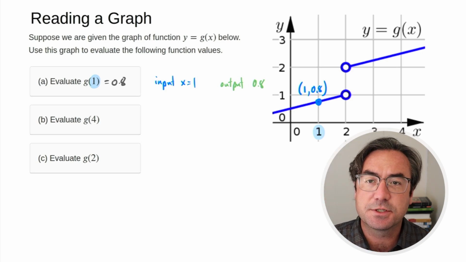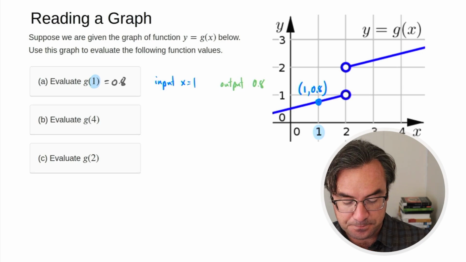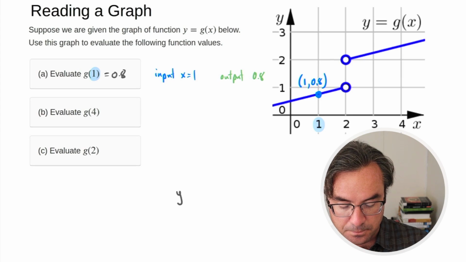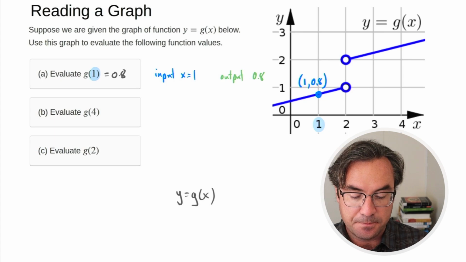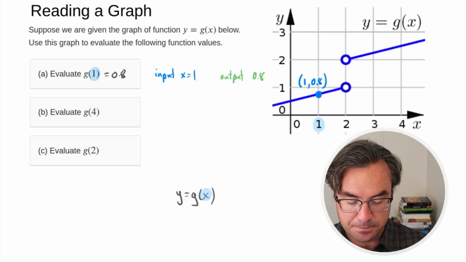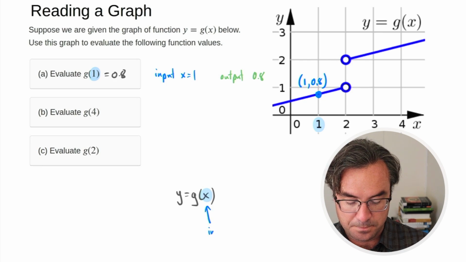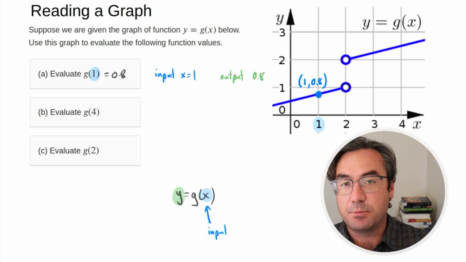Whenever we're talking about a function, g of x is the y-coordinate. Whenever we write down a function, normally we write it like y equal to g of x. So the x-coordinate is our input, and the y-coordinate is our output.